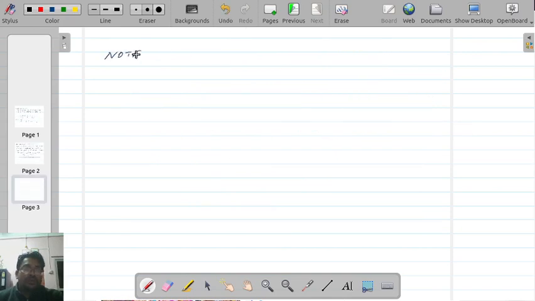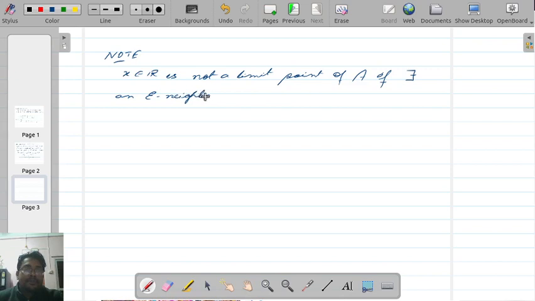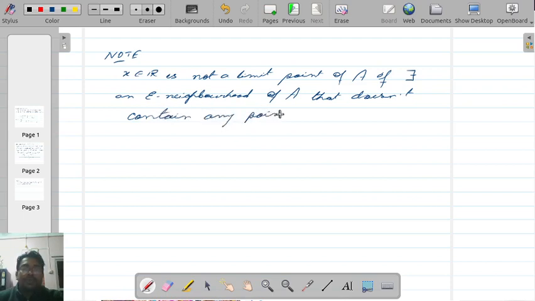So x belonging to R is not a limit point of capital A if there exists an epsilon neighborhood of x that doesn't contain any point of A different from x.